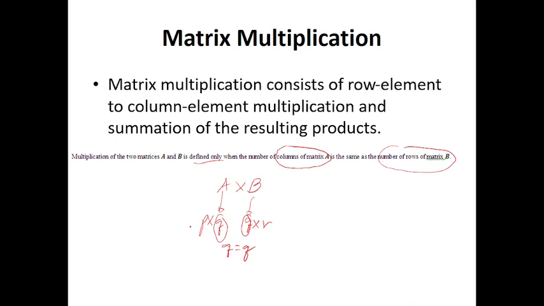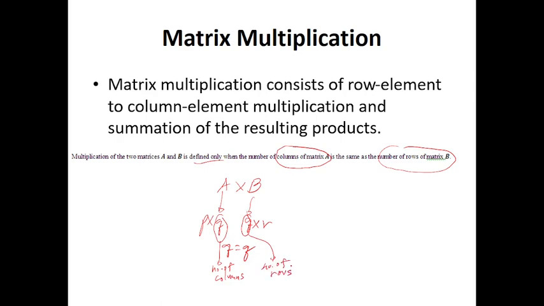So, if this is the size of matrix A, P by Q, the size of matrix B must be Q by R. Because this is the number of columns, right? And this is the number of rows. Okay?